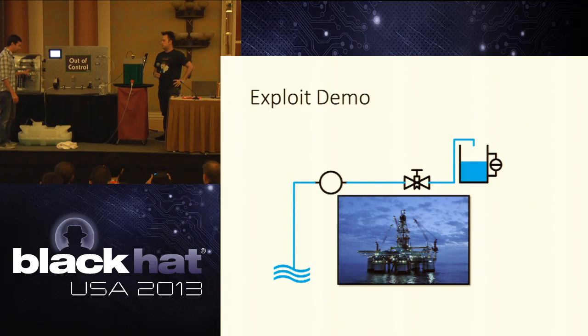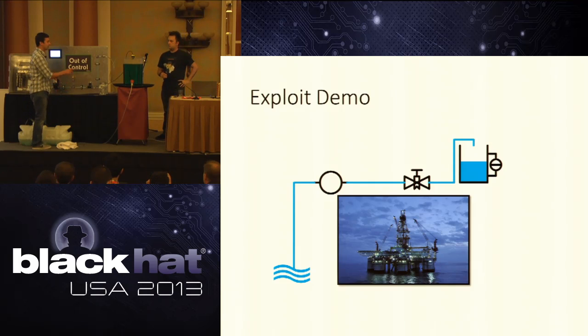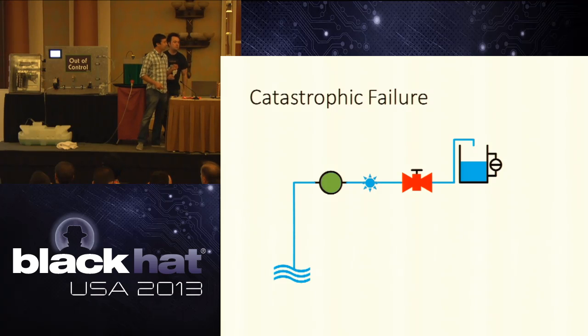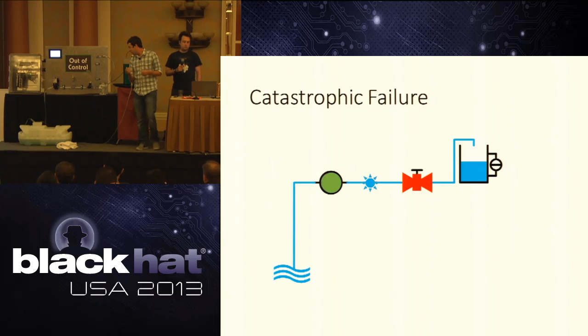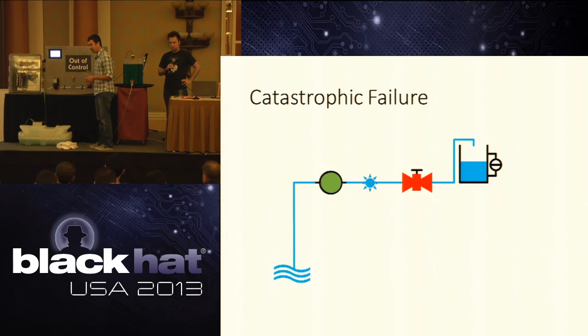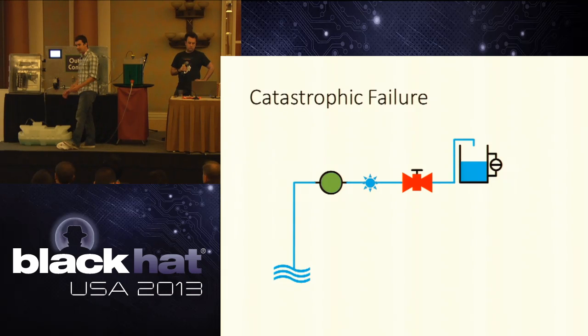But anyway, going to the next slide quickly, we're able to actually do catastrophic failure on this. One of the things we were talking about is that we have safety interlocks and permissives on here that do not allow this pump to turn on if this valve is off. Well, it doesn't matter what the safety logic has.